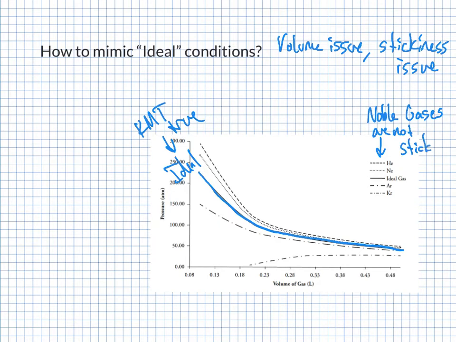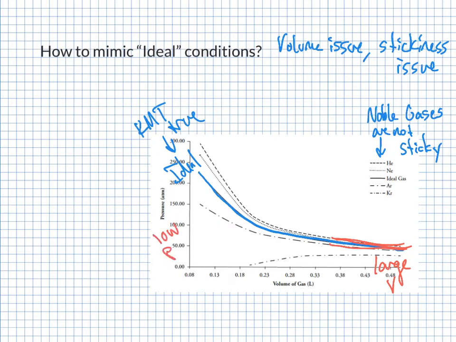So in this graph, we're just going to isolate and look at the volume issue. Looking at the X and Y axis, where are we closest to this line? Our gases over here are the closest to ideal behavior. What are we seeing for volume and pressure there? We're seeing large volumes and low pressures.